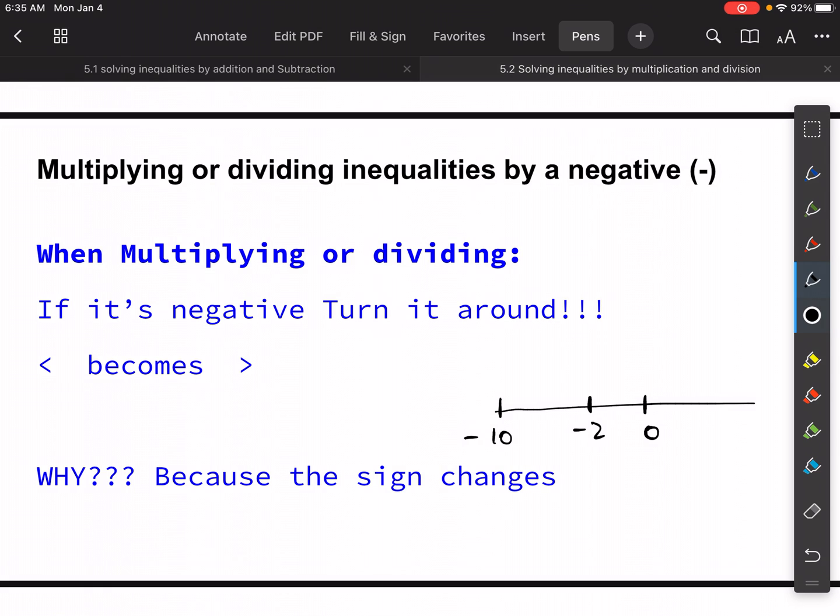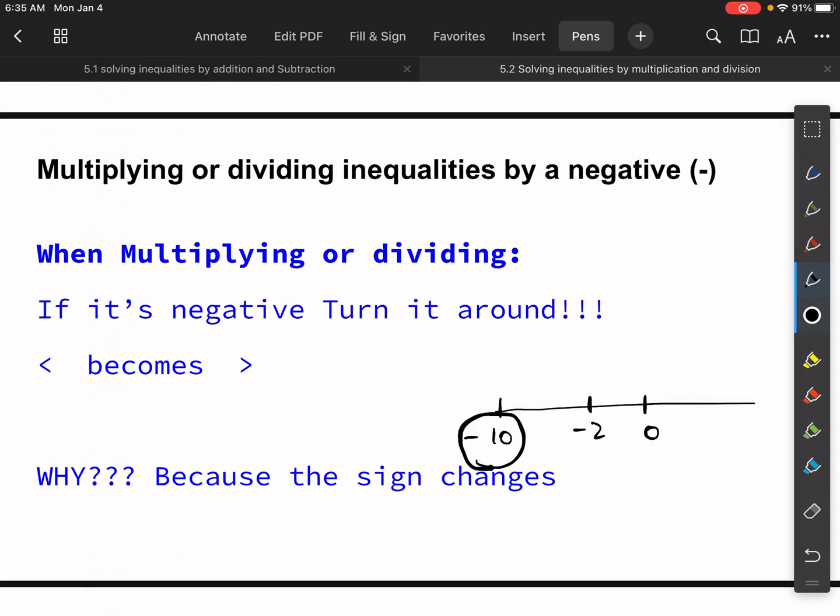When you're in the negative realm, the bigger number is actually smaller. So the reason that we flip the inequality is that the bigger numbers, since we changed sign, have become smaller. So now we're not talking about things bigger than something, we're talking about things less than, or vice versa. Whenever we multiply or divide by a negative number, we switch the inequality.